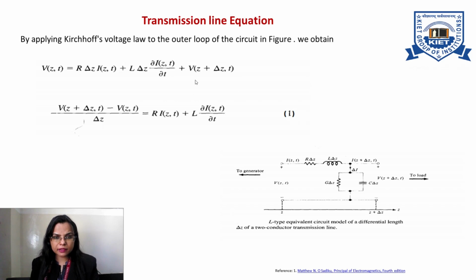Now, I am taking this to the left side. So, I will get this equation: V(z plus del z, t) minus V(z,t) upon del z equal to R I(z,t) plus L del I(z,t) over del t.